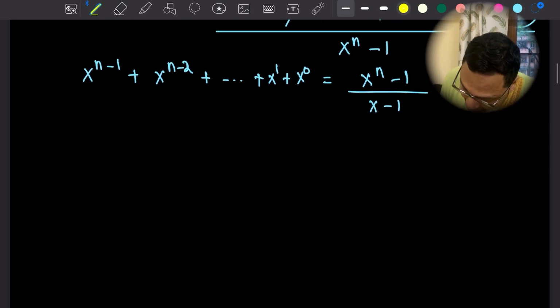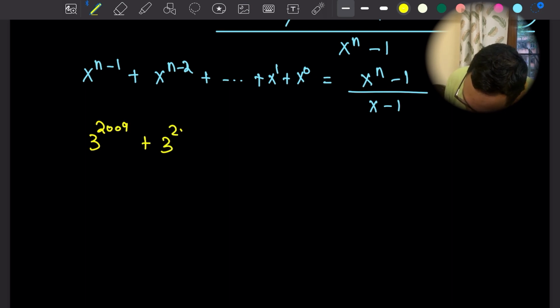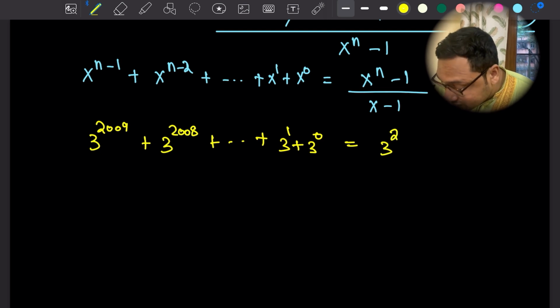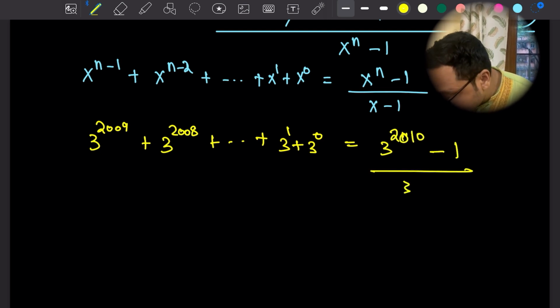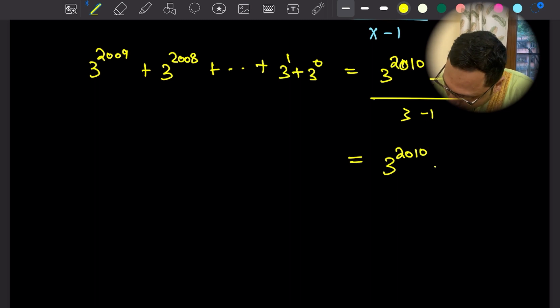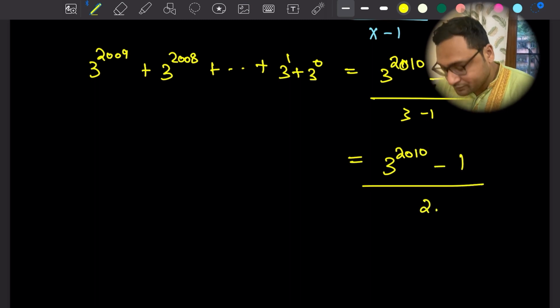So in our case, we have 3 to the power 2009, 3 to the power 2008 up to 3 to the power 1 plus 3 to the power 0. So that would be 3 to the power 2010 minus 1 divided by 3 minus 1, which is 3 to the power 2010 minus 1 divided by 2.